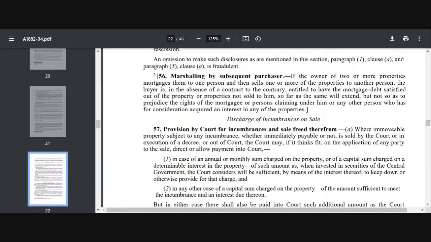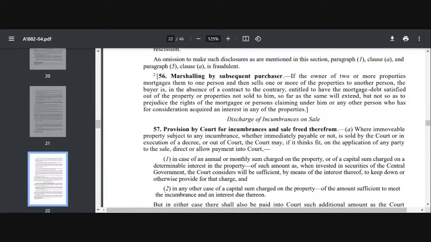So the purchaser has a right to make arrangements with regard to sale of the property if it is mortgaged, and he will make it in a manner that the mortgage debt has to be satisfied out of the property not sold to him.